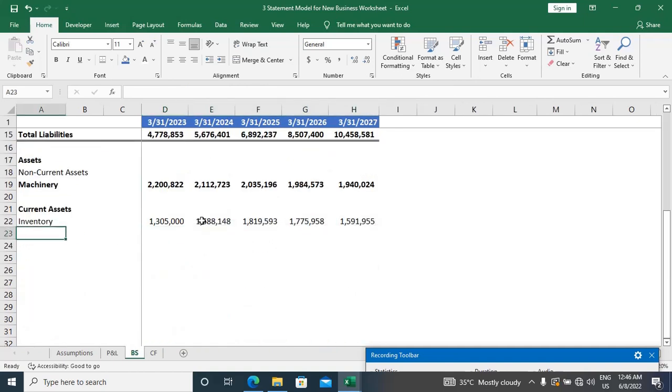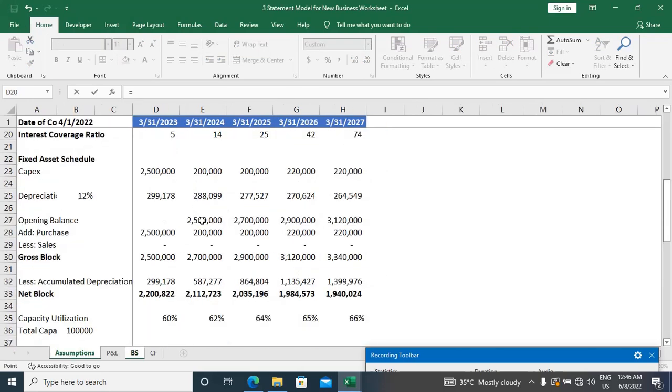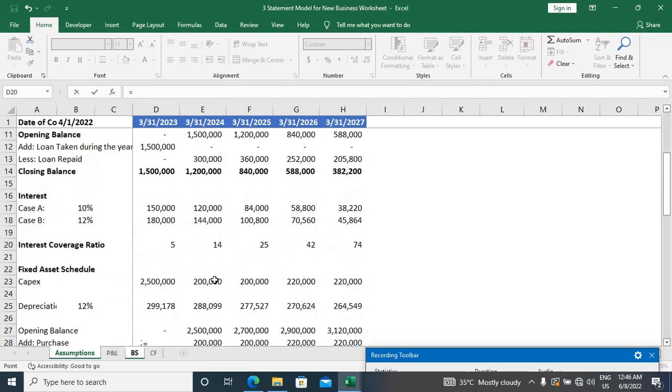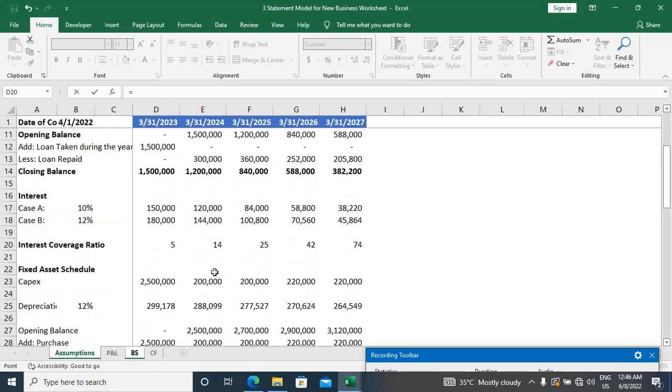Now after the inventory there is debtors. With the debtors there were some conditions, right? I think with the debtors we had a 40 days period. So debtors were at those.